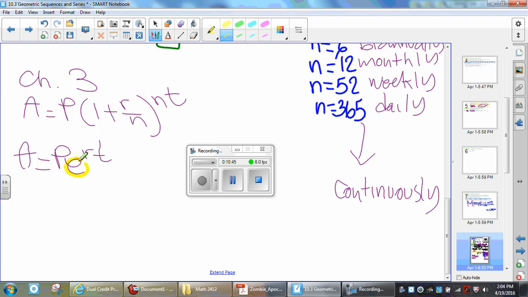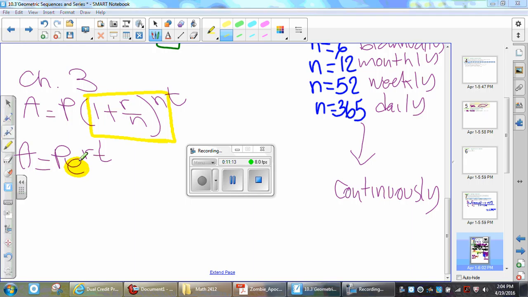look at what's on the table, and I believe it's this part right here, when n approaches infinity.